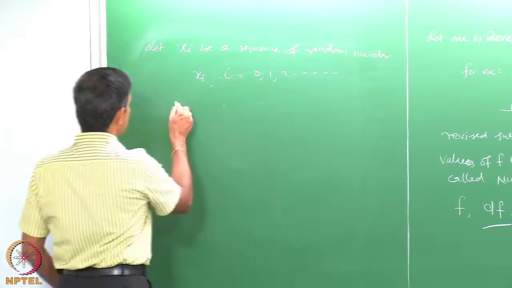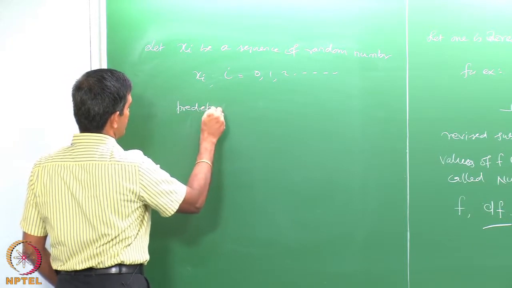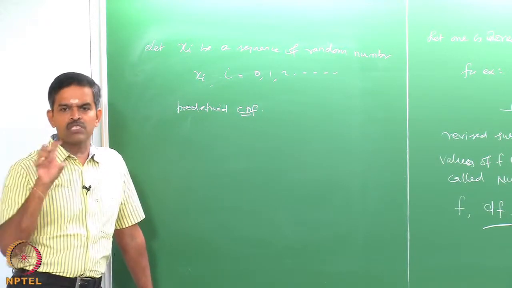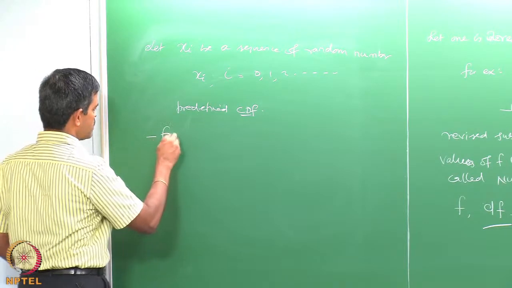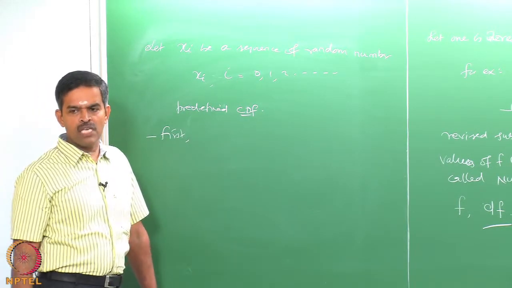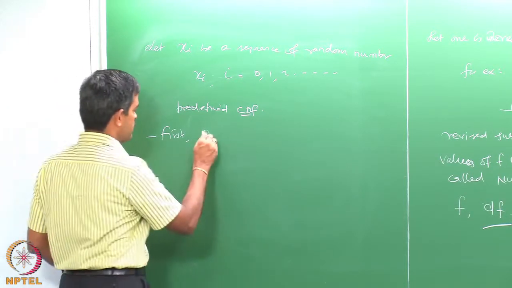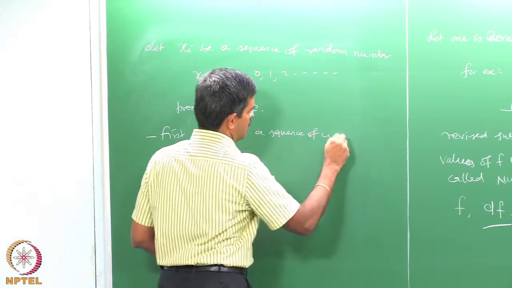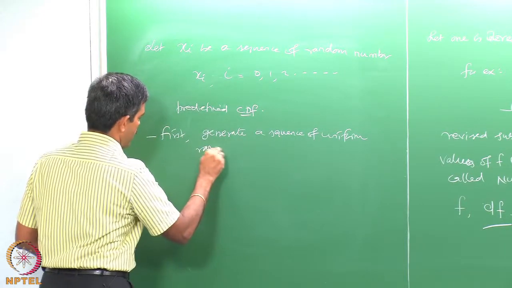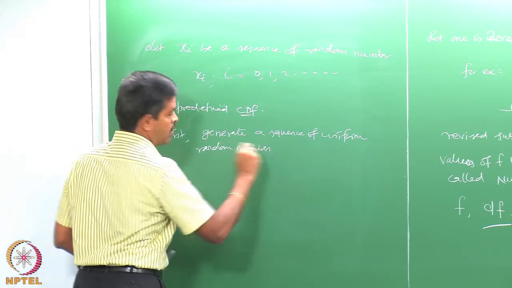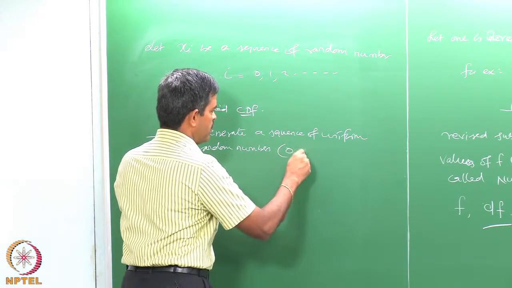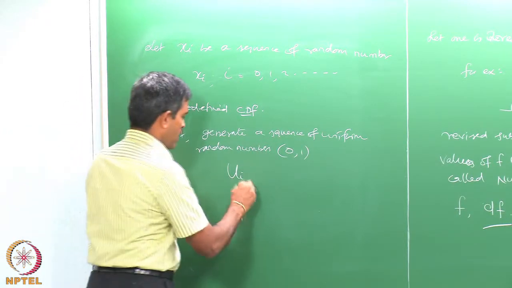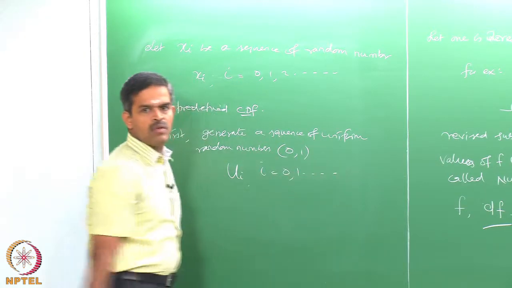So, I have an existing, predefined CDF. I want to generate a random number to fit this CDF. So, what do I do? First, generate a sequence of uniform random numbers from 0 to 1, where ui can take any value from 0 and so on.